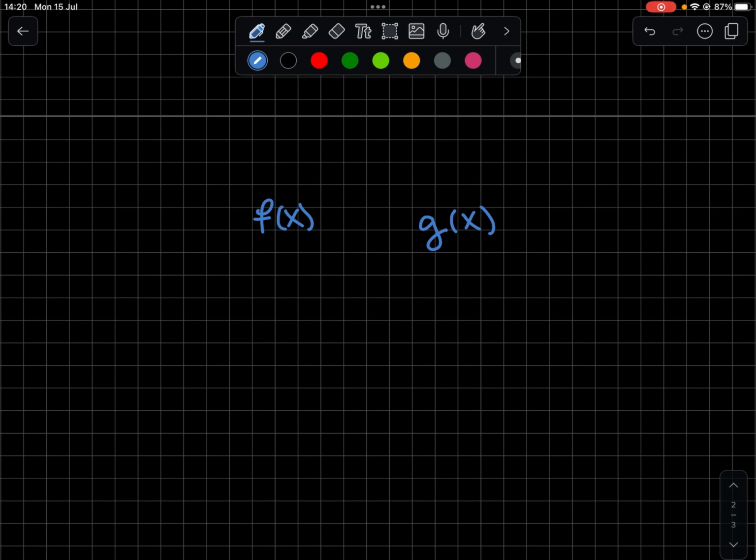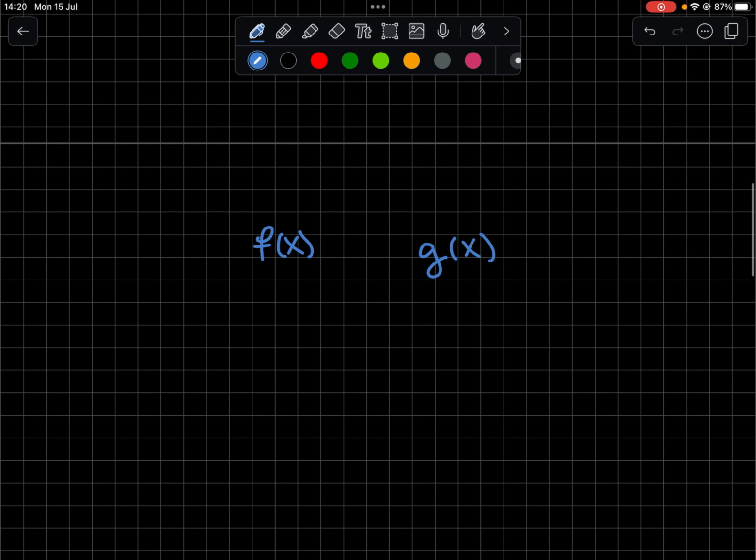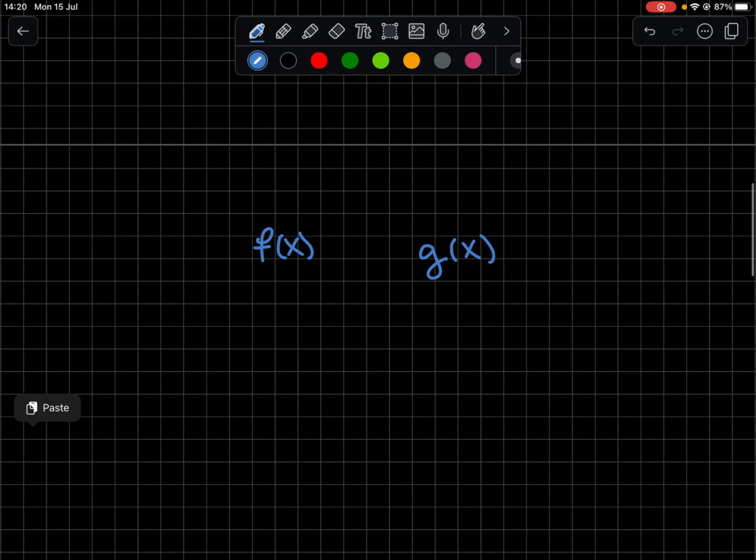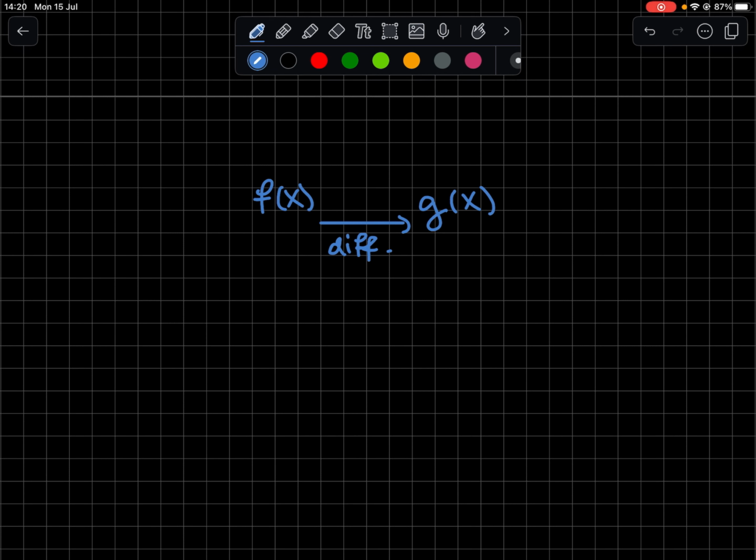Let's say we have two functions, f of x and g of x, and one of them is the derivative of the other. So let's say that g of x is the derivative of f of x. So if we differentiate f of x with respect to x, we get g of x, and we can write that as f dash of x equals g of x.